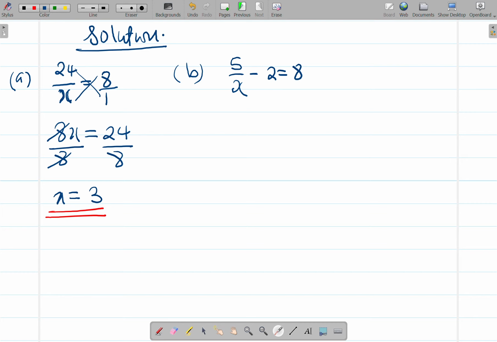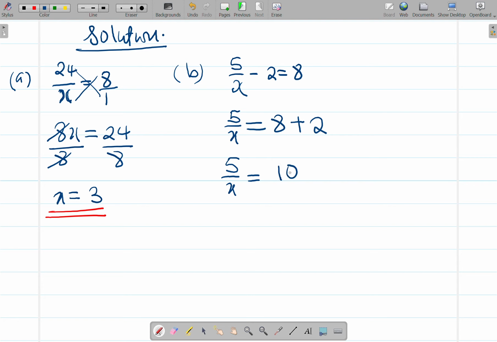So now we have 5 over x is equal to 8 plus 2.